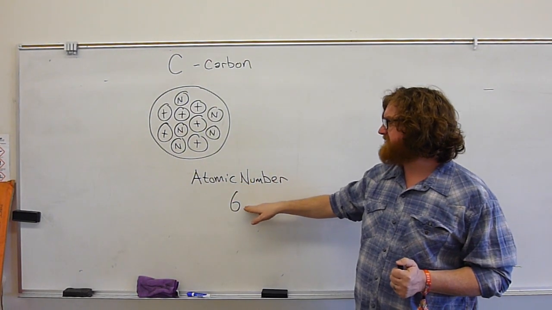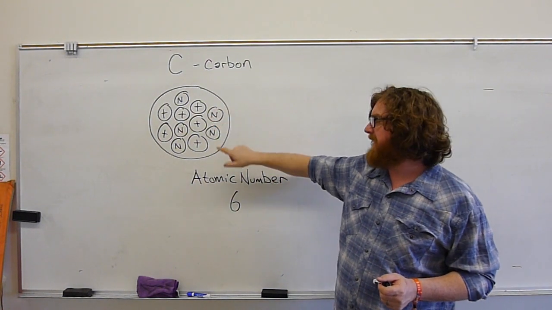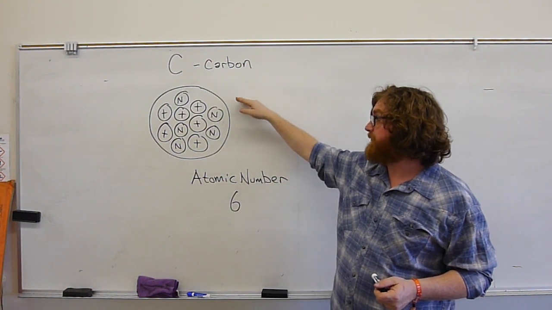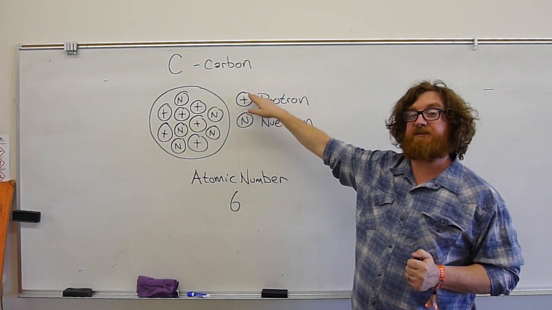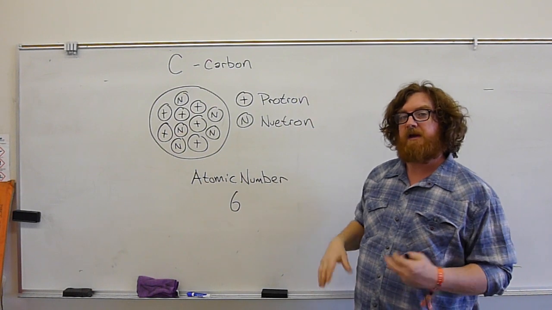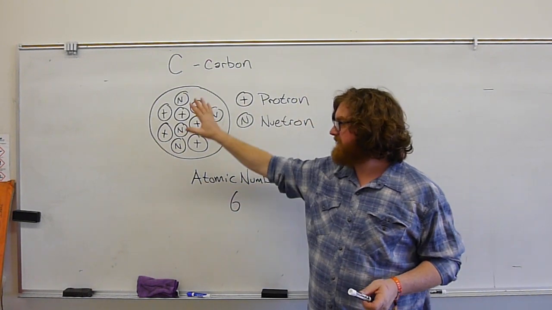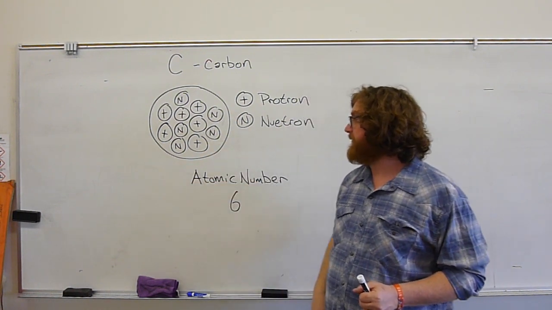And what this number 6 means is that in the nucleus of that atom, there are two different types of particles, protons and neutrons. The protons carry a positive charge, so I've given a little plus sign here, and the neutrons have no charge. Overall, the charge of this atom is balanced out by the electrons, which are out here in electron orbitals.